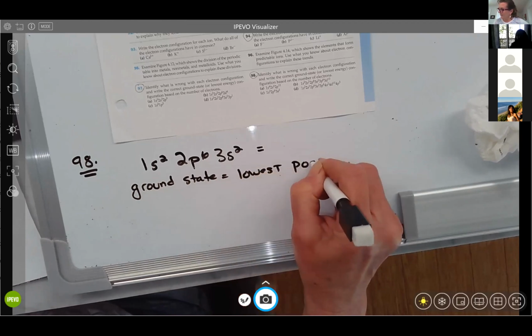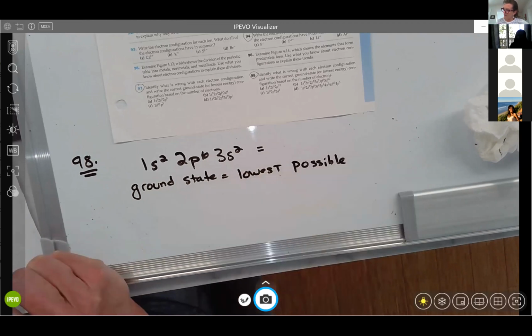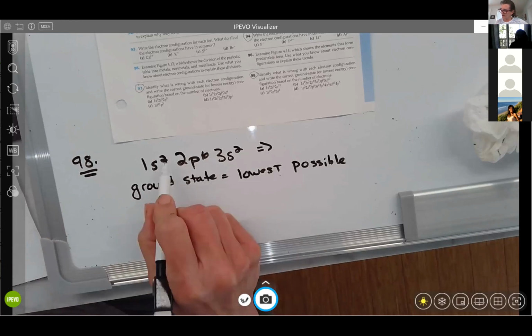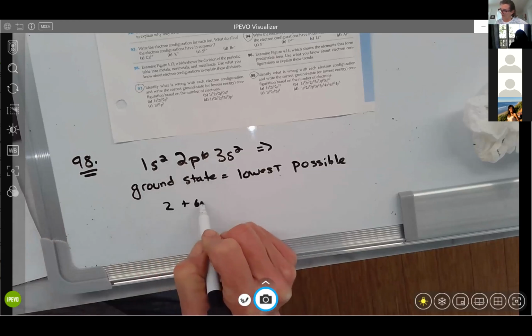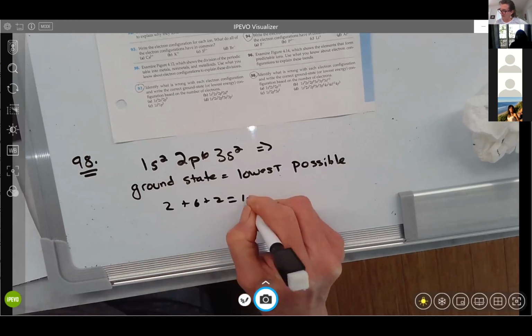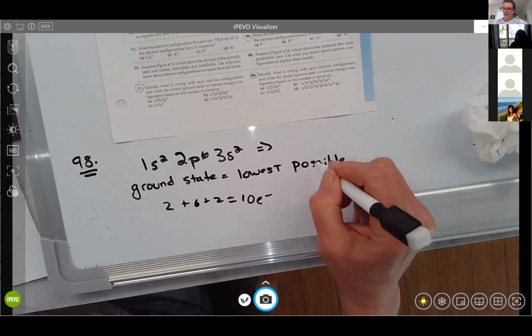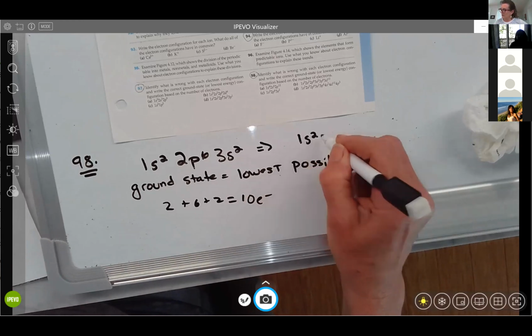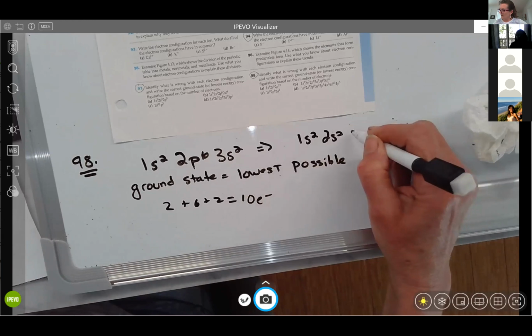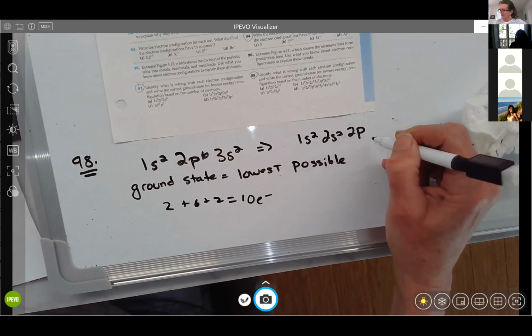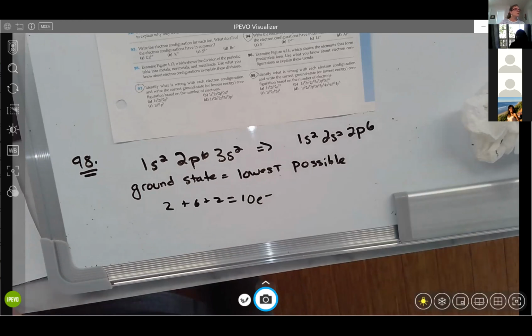So we have to list the orbitals in order from lowest to highest. So you're missing 2s2 out of that. So let's calculate. There's 2 plus 6 plus 2 electrons here. That's 10, right? So let's put them in the right order. It would be 1s2, 2s2, and then what comes next? 2p, and we have 6 left, so it'd be 2p6.